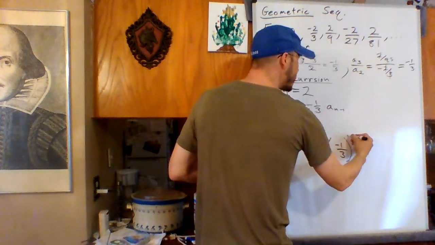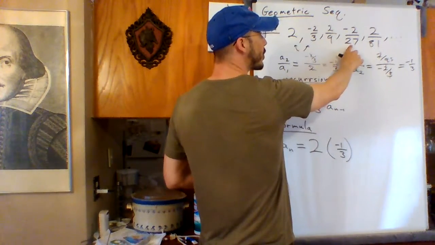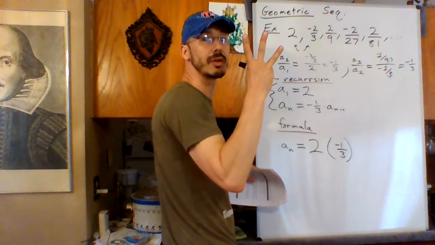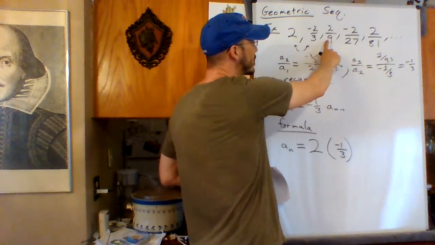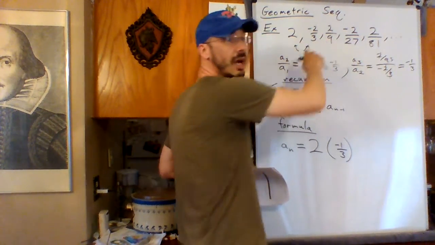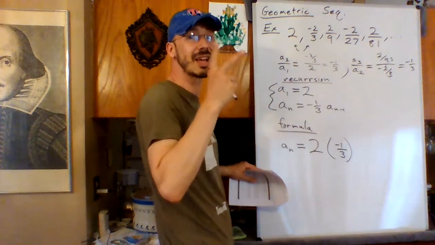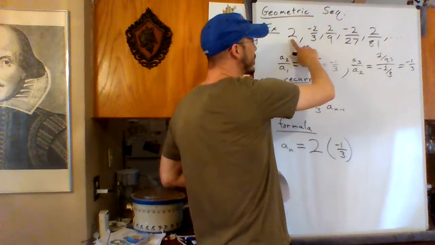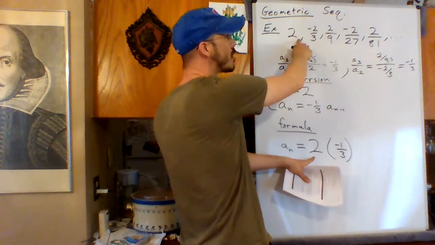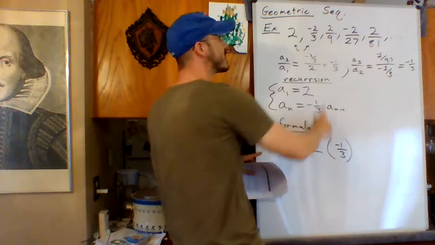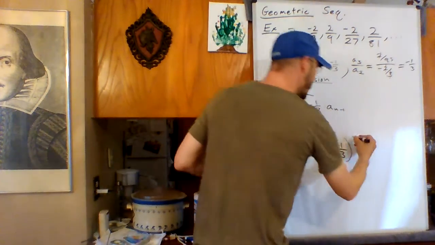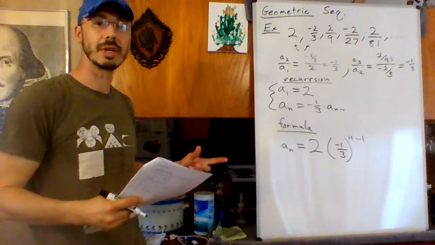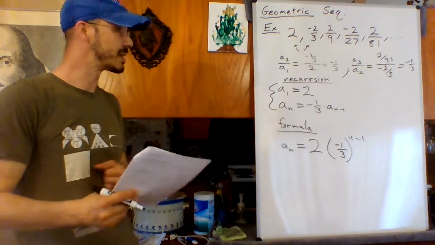For the fourth term, I needed negative 1/3 to the third. For the third term, I needed negative 1/3 to the second. It's 1 lower than the index of the term. So the first one has no negative 1/3 factor, the second one has 1. The exponent on negative 1/3 is 1 less than the index.